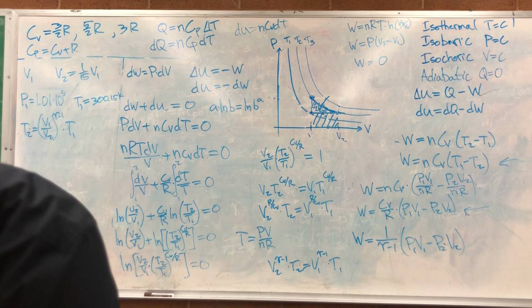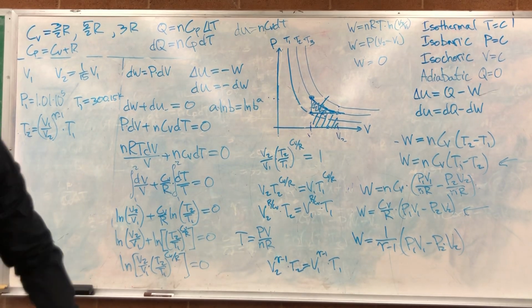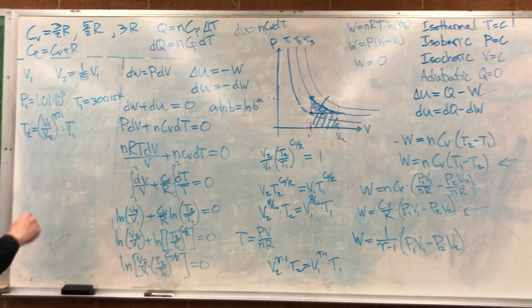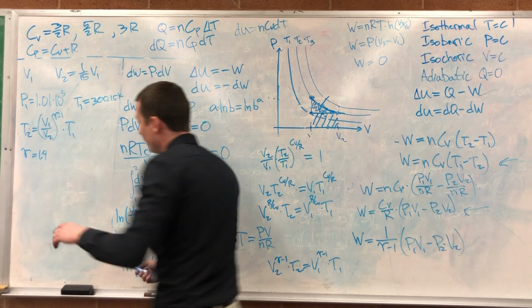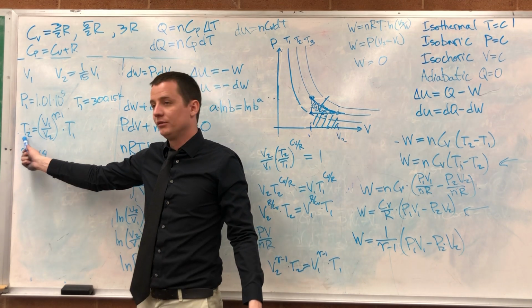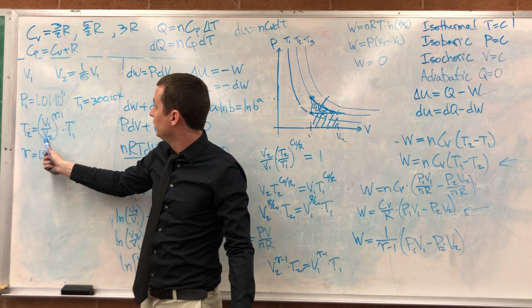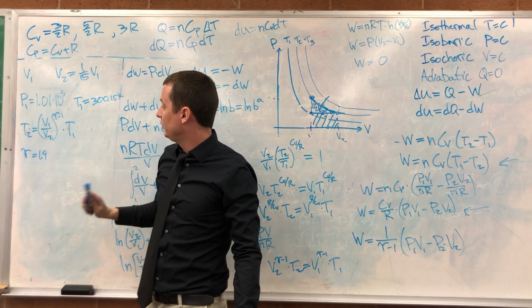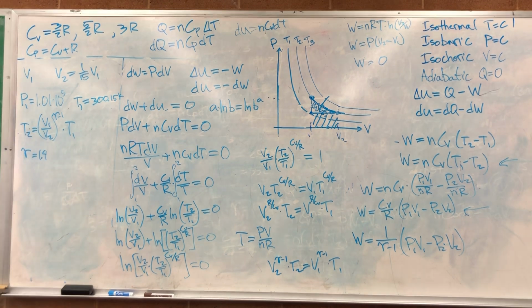And I assume it gives us the gamma for the air in there, which is 1.4. So I know gamma is 1.4. So now we can find our second temperature. V1 over V2 is equal to 15. 15 to the 0.4 times T1 gives us our final temperature.